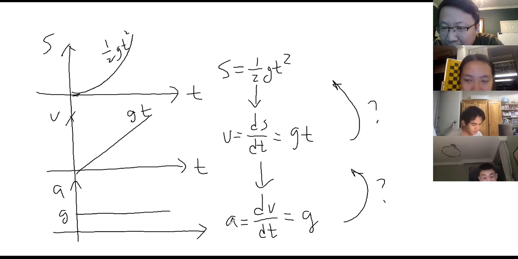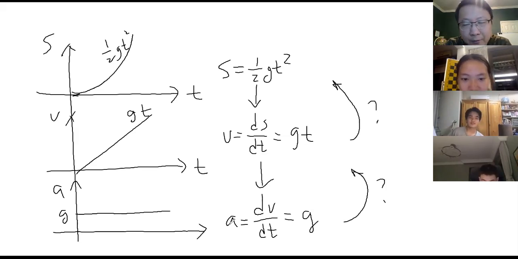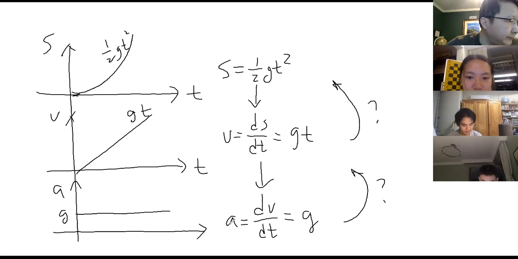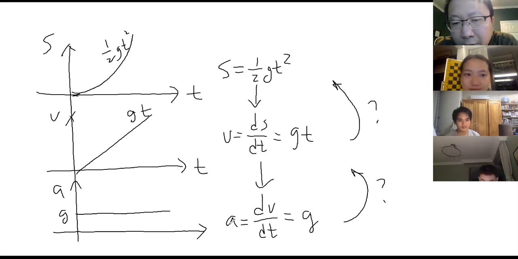So I'm going backward. I need to go from knowing the acceleration, the only thing I know, and then go back. What does it really mean? This is another concept called integral. Integral is the reverse of the derivative.